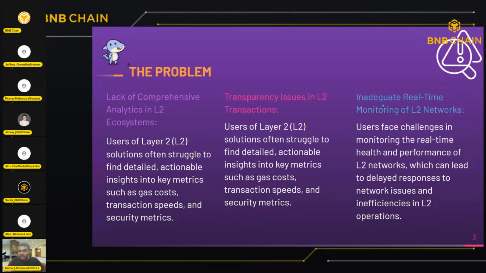The third problem is the inadequate real-time monitoring of the L2 networks. Users face challenges in monitoring the real-time health and performance of the L2 networks, which can lead to delayed responses to network issues and inefficiencies in L2 operations.